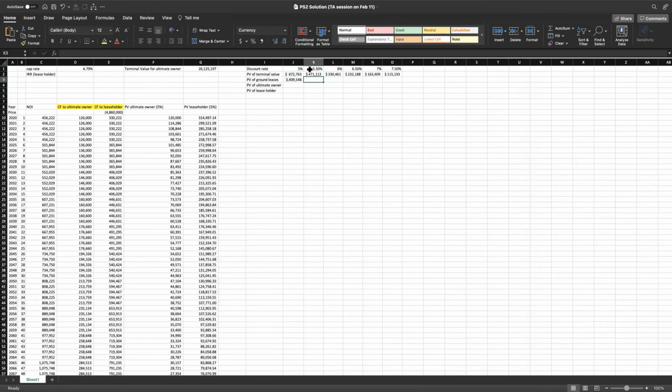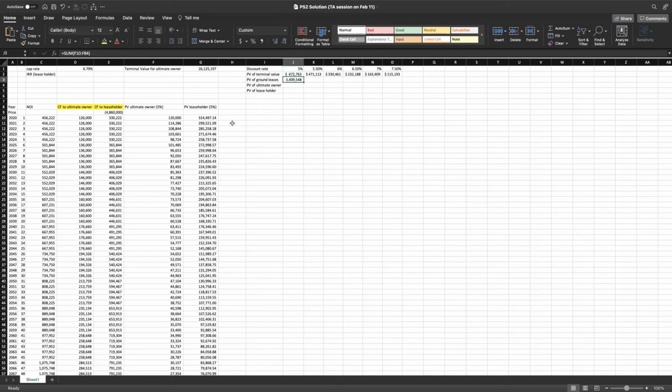So you can see if the discount rate is high, your present value will be even lower. Although it looks very big, like 26 million, today it isn't worth that much money. And the present value of the ground lease will be calculated here.